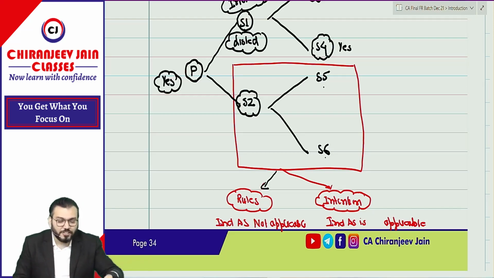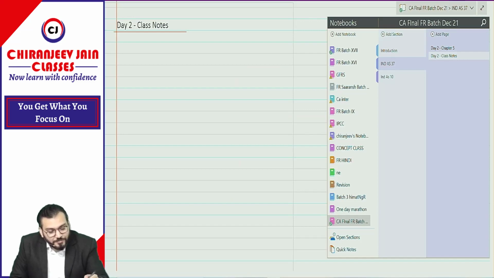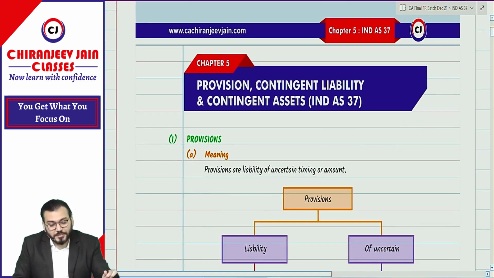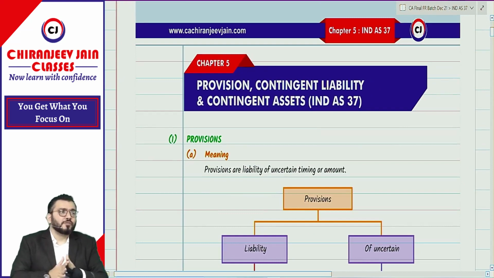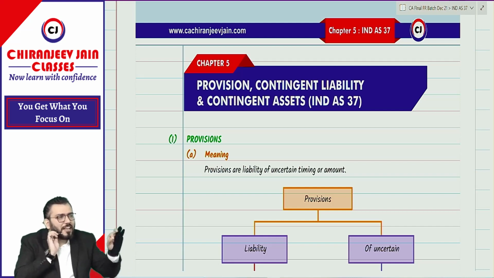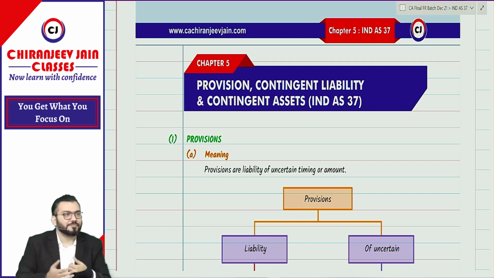The first Ind AS which I want to start is Ind AS 37, chapter number 5. For the first 10 to 12 days, I will take only those Ind AS which you actually know from CA Inter.